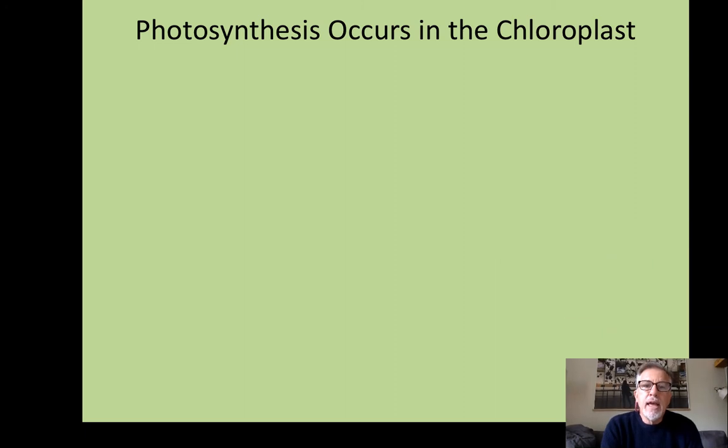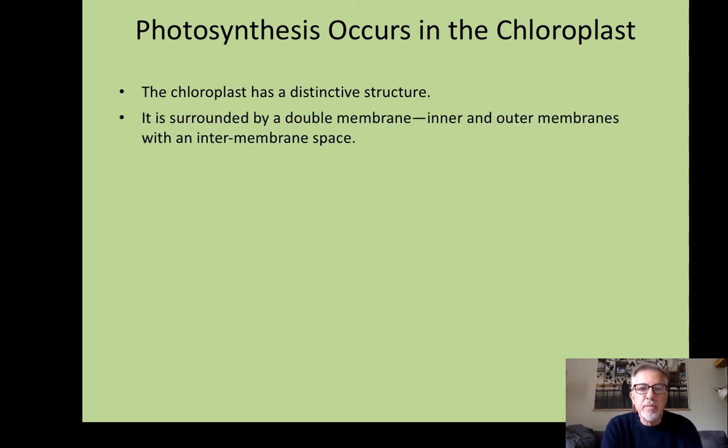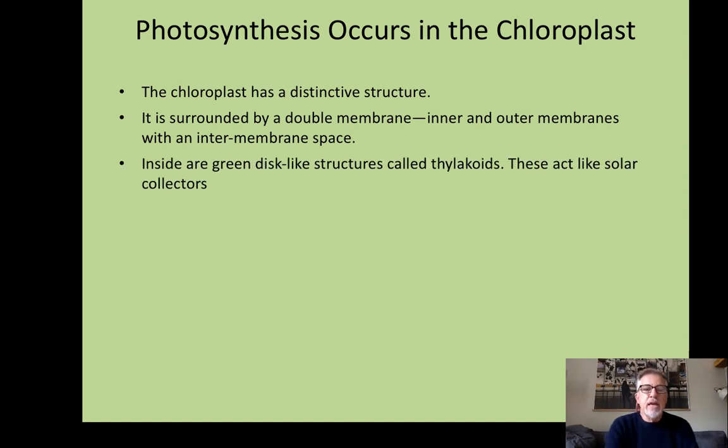We also want to get an idea of what the chloroplast is like, because photosynthesis occurs in the chloroplast. So the chloroplast, as I said earlier, has a very distinctive structure, and it's now time for you to learn this. It's surrounded by a double membrane, and therefore it has an intermembrane space between the inner and outer membranes.